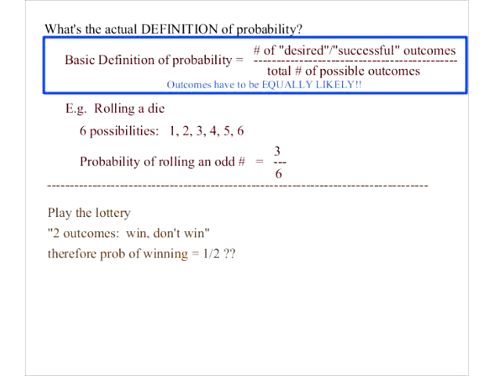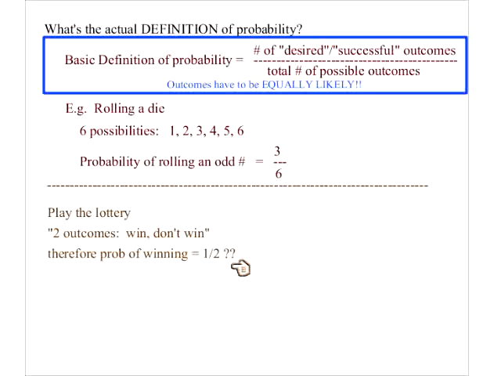So again, the problem with this is what? Why doesn't this work? Text box. Why is the probability of winning the lottery not 1/2? One person is saying the probability that you win or don't win is 1/2.